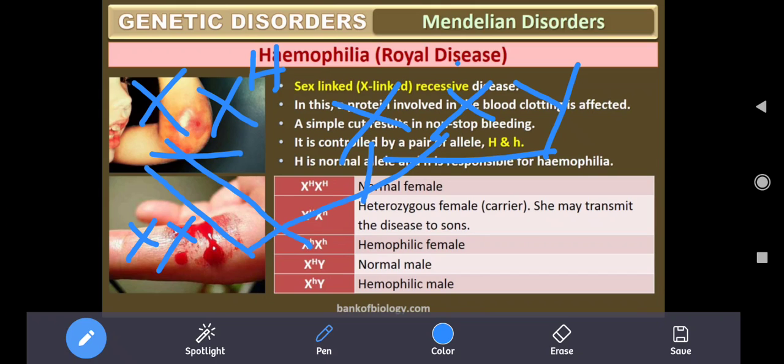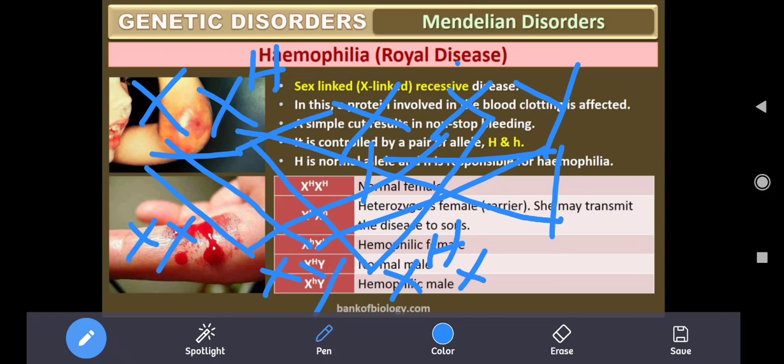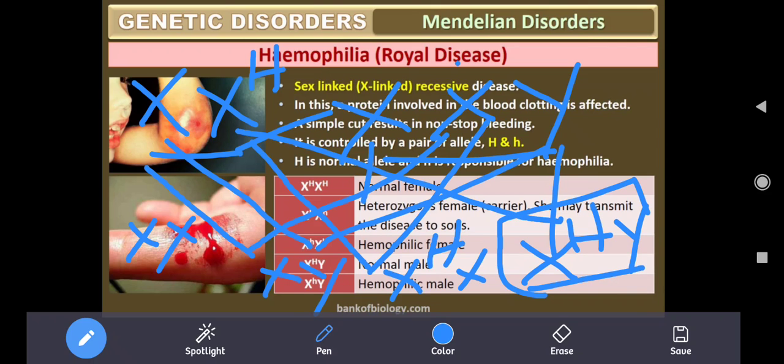If this X and Y, a normal male will be produced. This X and XH produces a carrier female. This XH and Y, so this male will be affected. He is not a carrier because it is not Y linked, it is X linked.